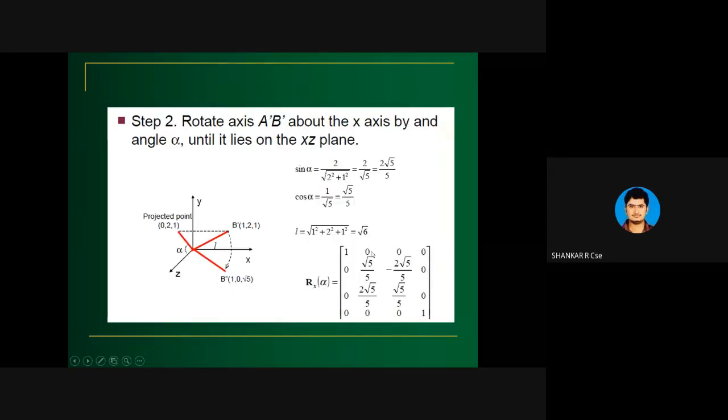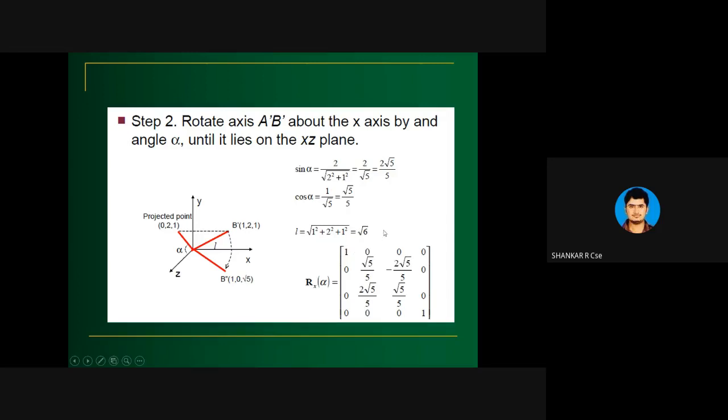Step 2, we had this formula. Now it is 1, 2, 1. The projected point is 0, 2, 1. We drew the normal and understood the sine, cosine, everything. So it is B by D, where D is root of B square plus C square, that is 2 square plus 1 square, root 5. Sine alpha, cos alpha is this.